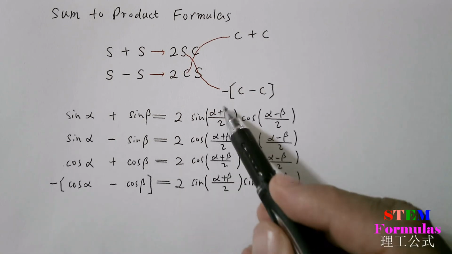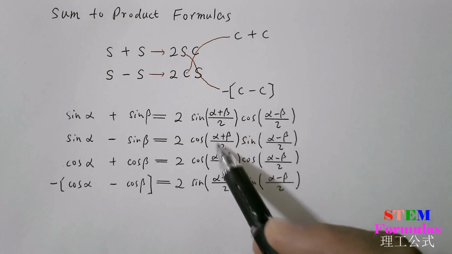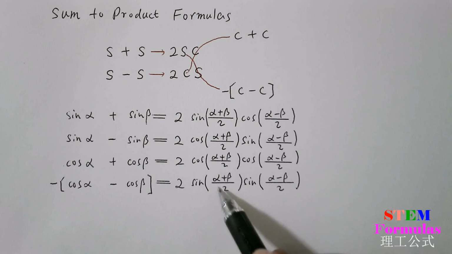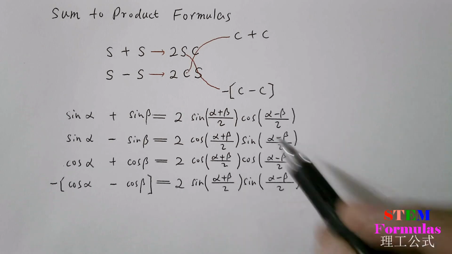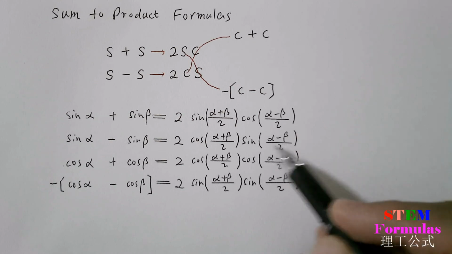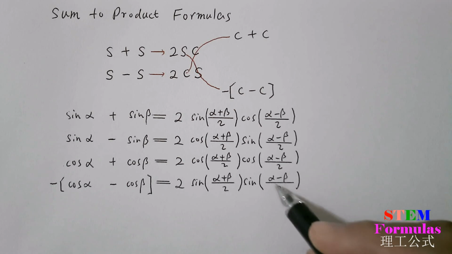So all these columns are alpha plus beta divided by 2, and all these columns alpha minus beta divided by 2.